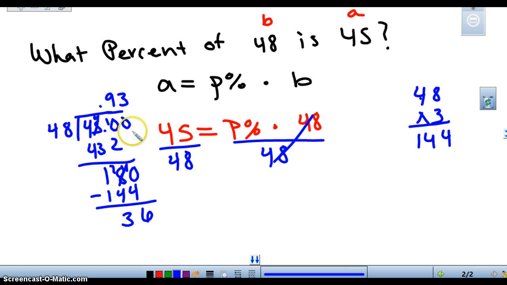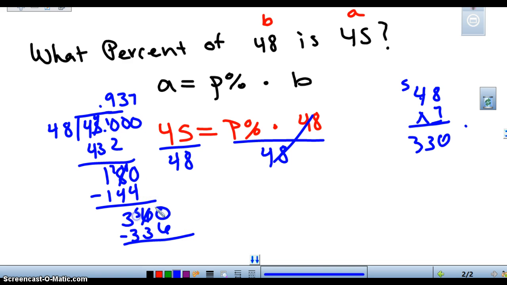Then 36. 48 goes into 360 how many times? 7. 48 times 7 is 336. Can we continue? 48 goes into 240 5 times, and we can finish there.